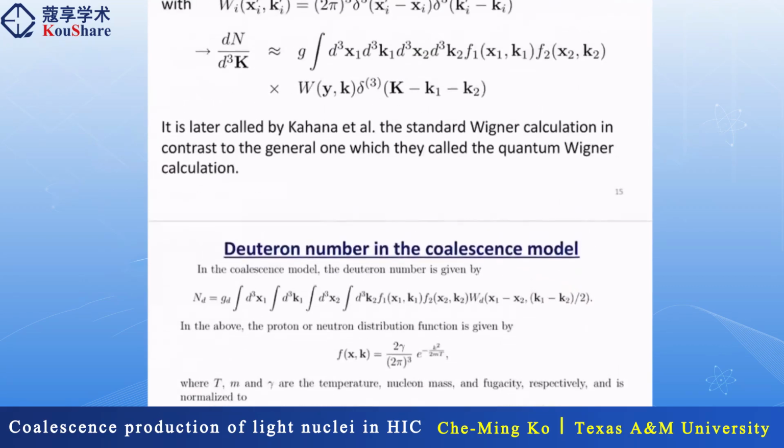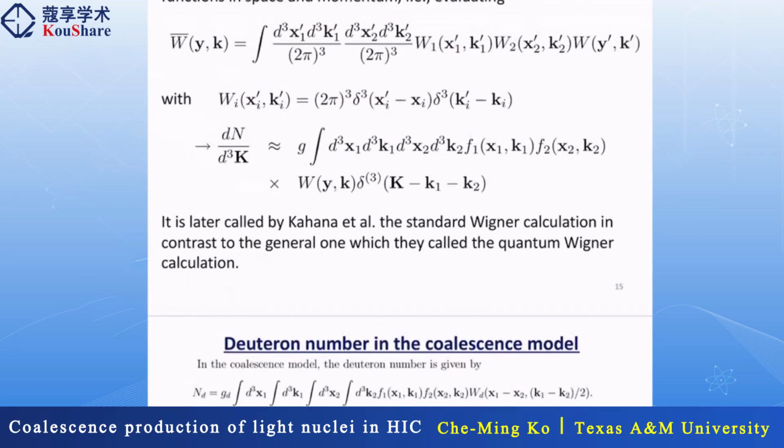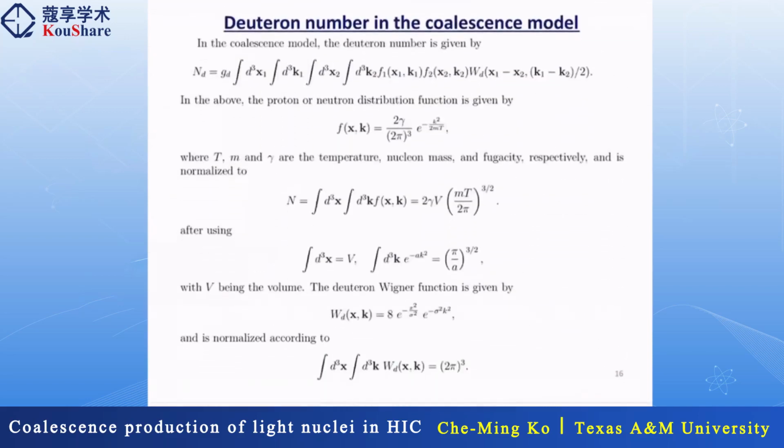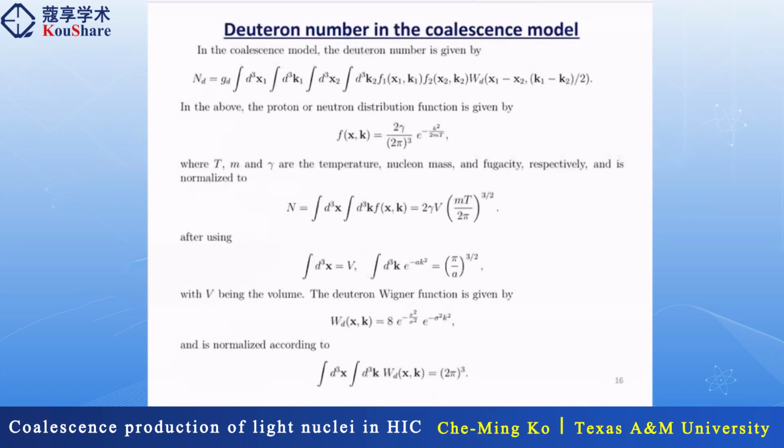Then that's okay. Once you use this coalescence model, we can calculate the deuteron number. I'd like to spell out the details, so you can just follow. You get the deuteron number from the proton distribution and neutron distribution folded with the deuteron internal Wigner functions. If you assume the nucleons have Boltzmann distributions, and you fix the numbers by the fugacities, then you can compare the deuteron number from the coalescence model versus the deuteron number in the statistical model.